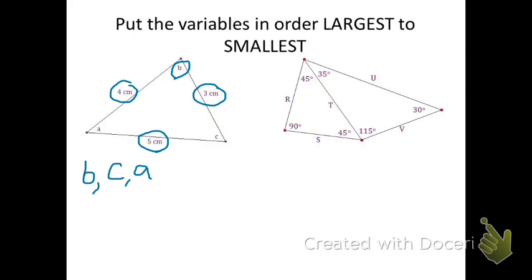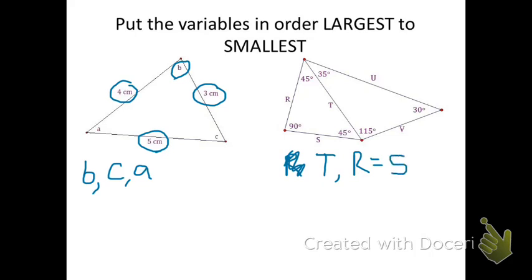Well, we know that side T is the biggest side because it's opposite 90 degrees. And then angles R and S, since they're both opposite 45 degrees, have to be equal. So we know that this is an isosceles triangle on the left. Alright, so that's the first thing that we know.